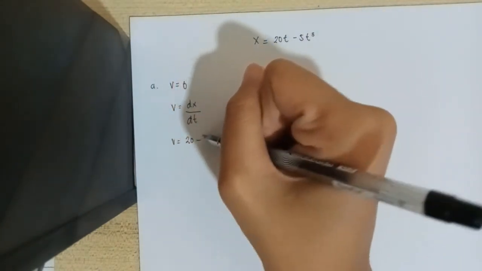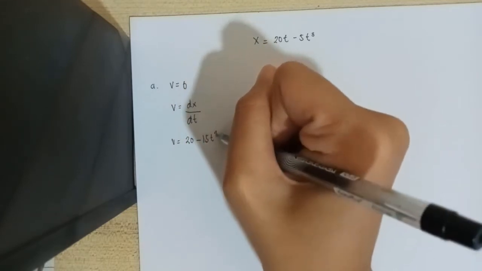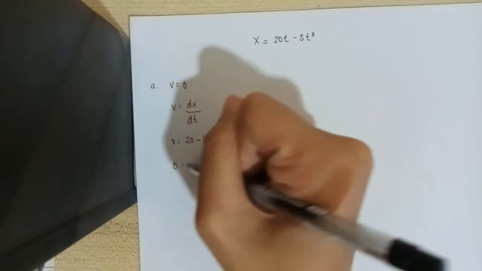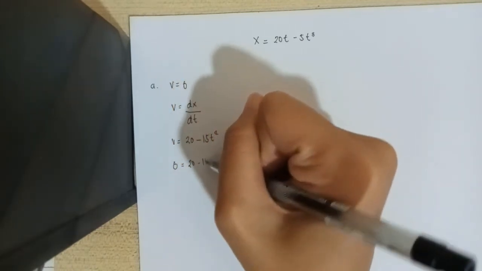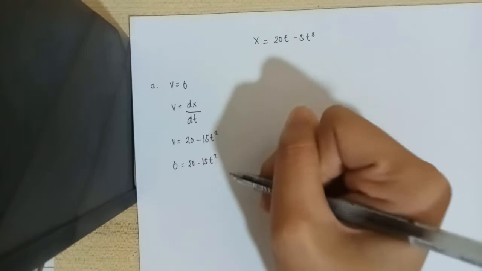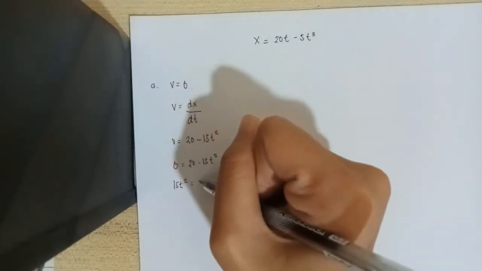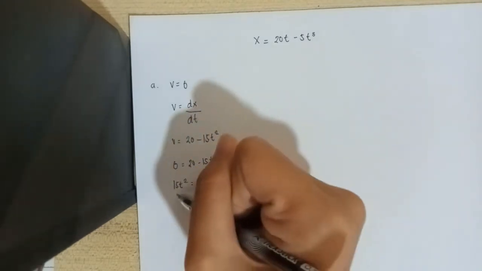So we need to differentiate our given, a basic derivation, that will be v is equal to 20 minus 15t squared. We will equate the equation to 0 since velocity is equal to 0.